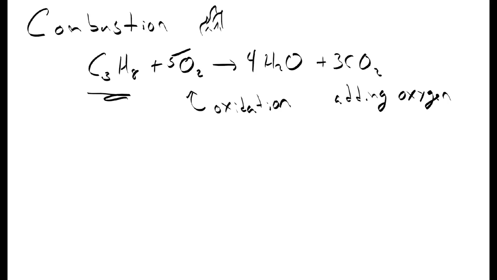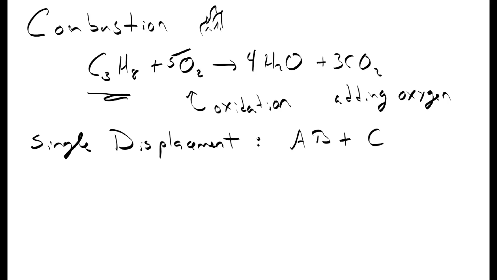The other class of reactions are single displacement. You might remember when we talked about precipitation reactions, those are called double displacement. Well, in single displacement, you get something like this.